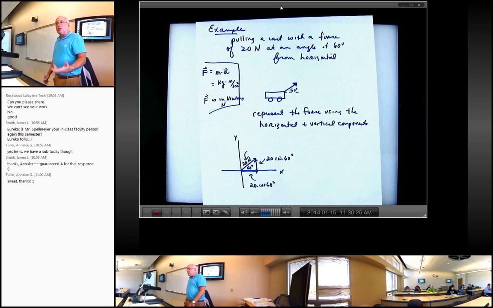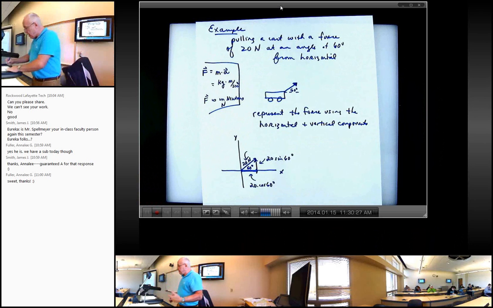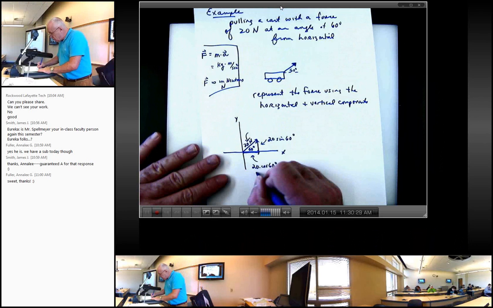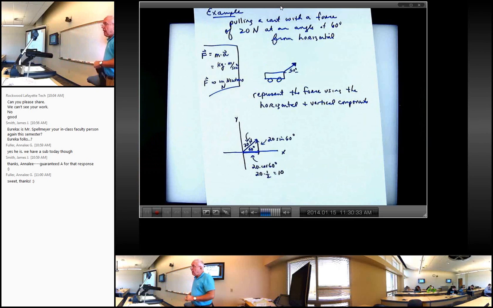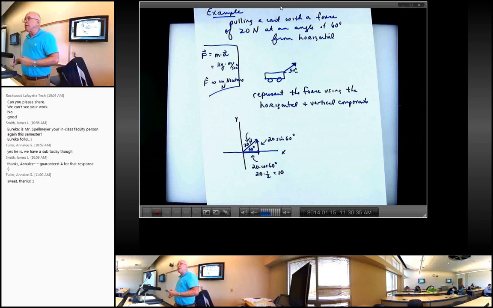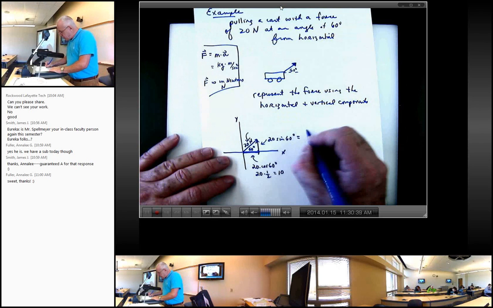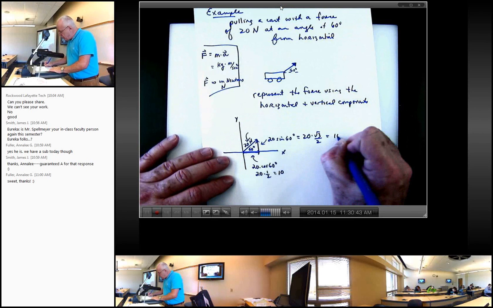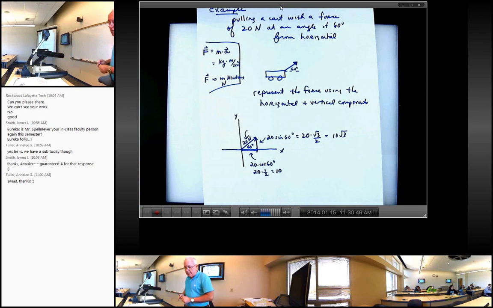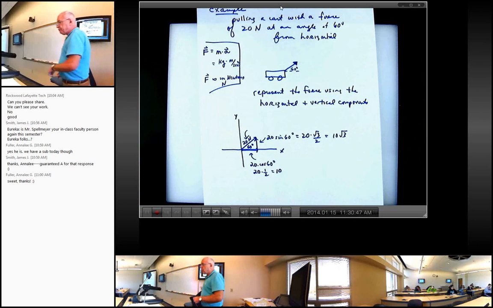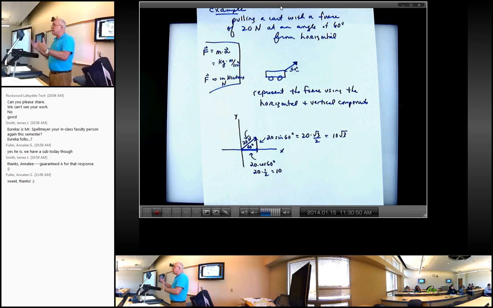The cosine of 60 degrees is 1/2, so this is 20 times 1/2, which is equal to 10. The sine of 60 degrees is square root of 3 over 2, so this is 20 times the square root of 3 over 2, which simplifies to 10 times the square root of 3. So those are the sizes of the horizontal and vertical components.